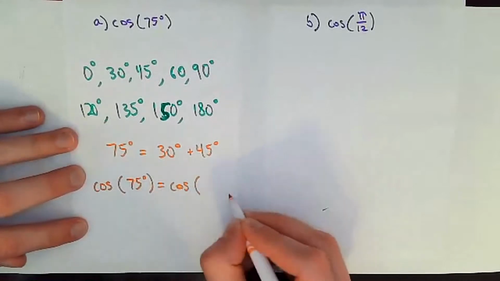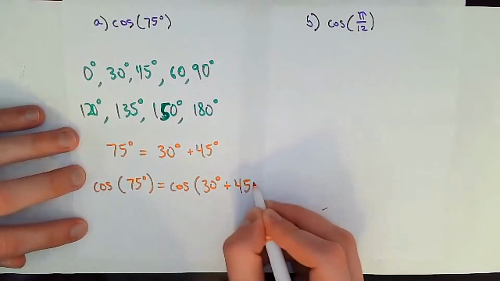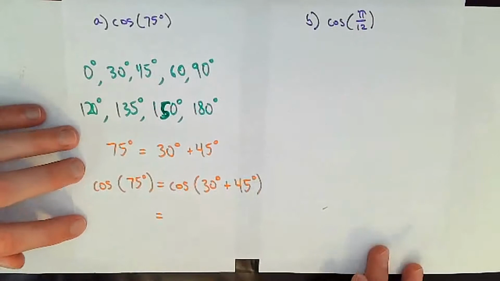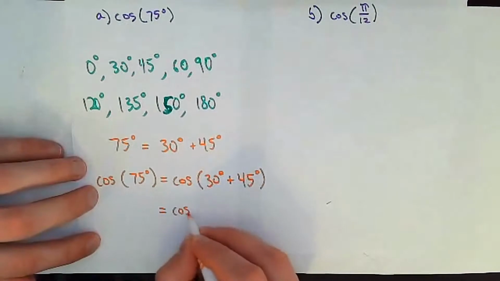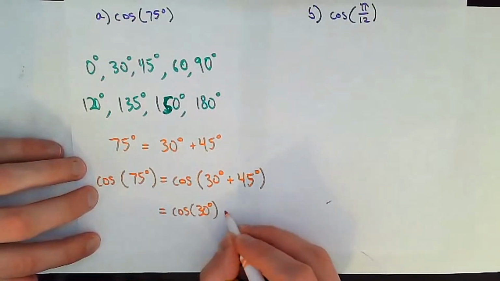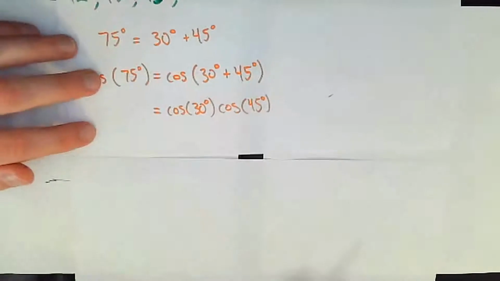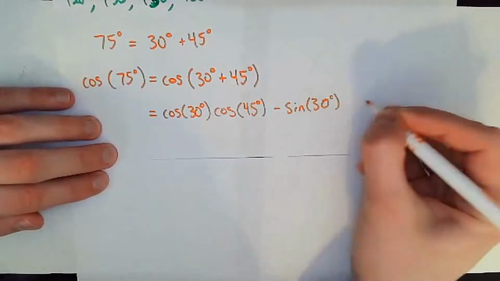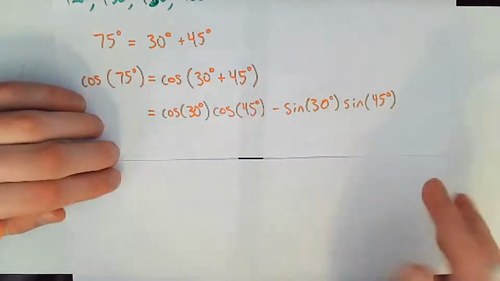We can say cosine of 75 degrees is the same as, just split that 75 up inside the parentheses, and then recalling our formula for the sum inside of a cosine, this is the same as cosine of 30 degrees times cosine of 45 degrees minus sine of 30 degrees times sine of 45 degrees.